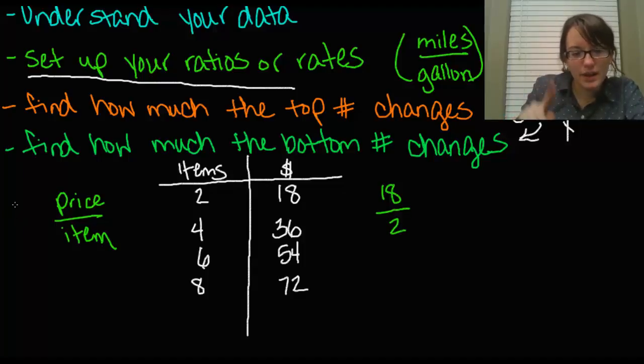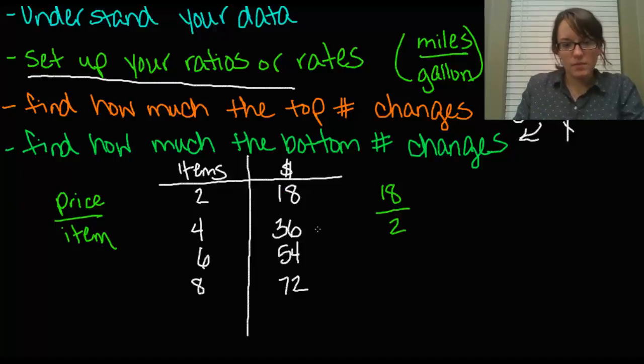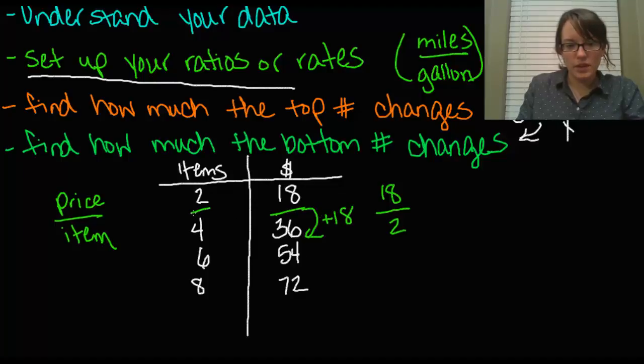But I want to look at how it's changing from here to here. It's going up 18, and from here to here, it's going up 2. And this is consistent every time.